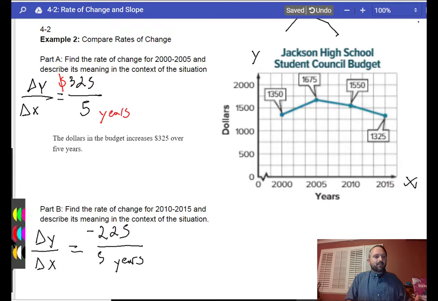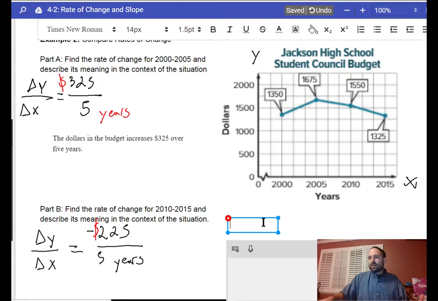But we forgot the unit of measurement. It's negative 225 what? Dollars. So I'm going to squeeze that in right there. And once again, it's asking, what's the situation?